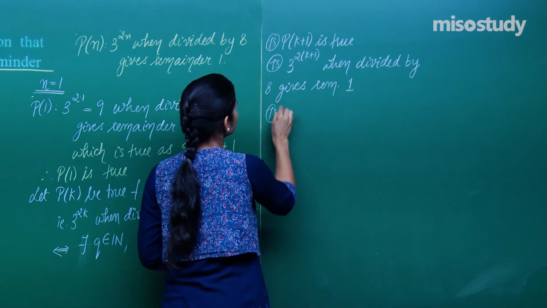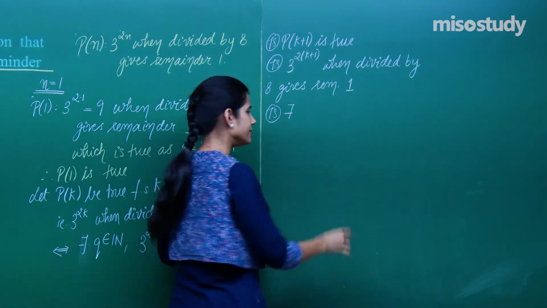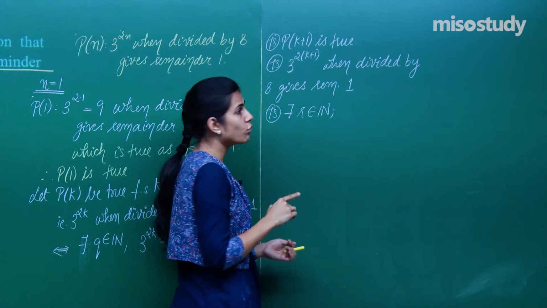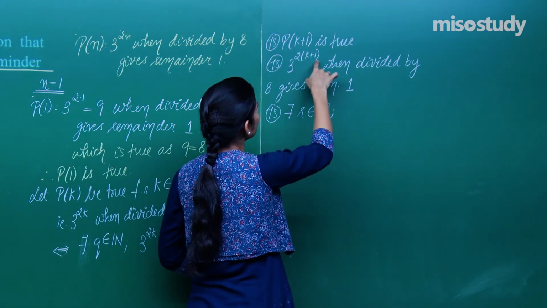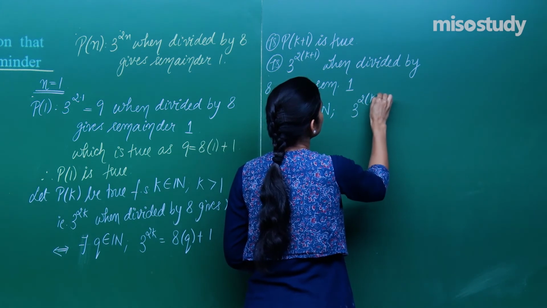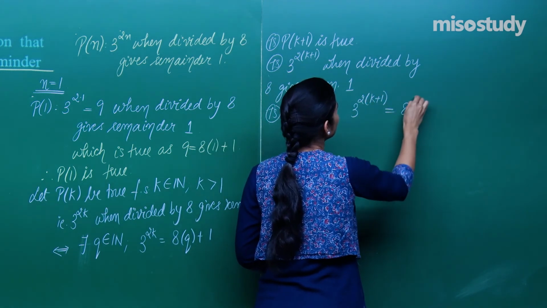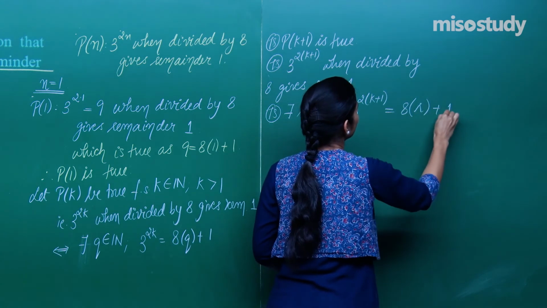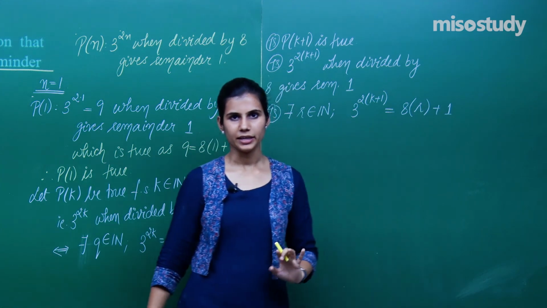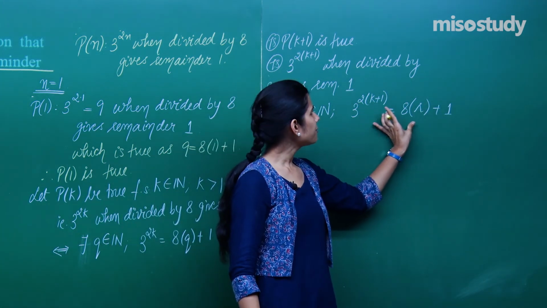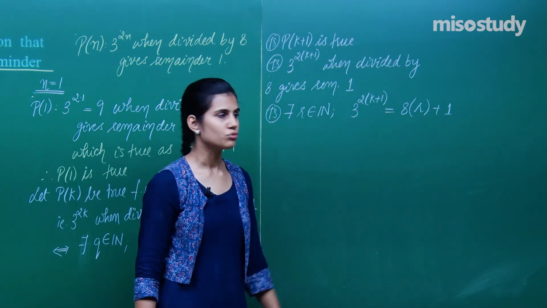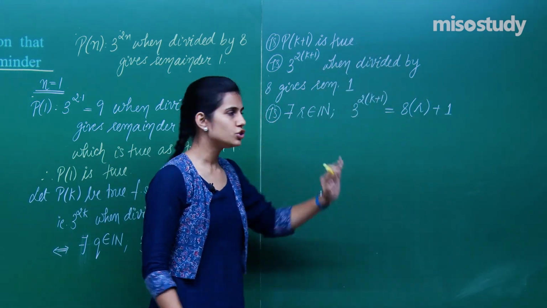That means I have to show there exists some r, a natural number, which is acting as the quotient when 3 to the power 2 times k plus 1 is divided by 8, such that I am getting r as the quotient and 1 as the remainder, so that dividend can be written as divisor into quotient plus remainder. If I am able to establish this statement, this would mean that this is holding and hence Pk plus 1 will come out to be true. It is a backwards thing that we are going to show.